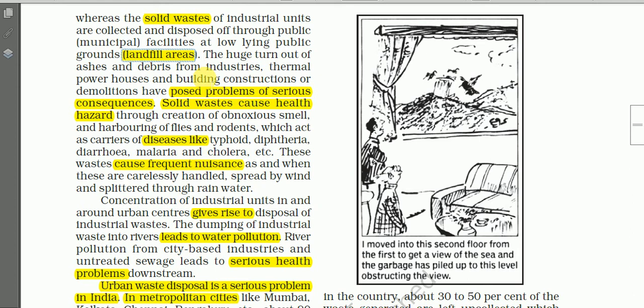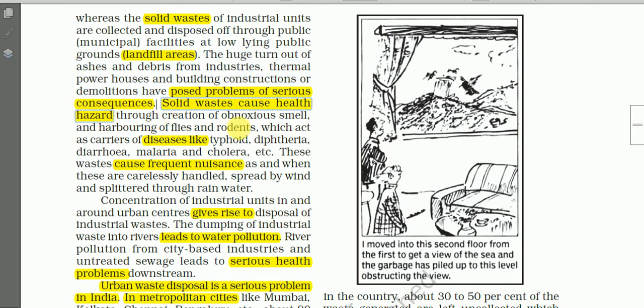Here the huge turnout of ashes and debris from industries, thermal power houses, and building construction or demolition, and the dumping of these solid waste materials, have posed problems of serious consequences in the big cities.